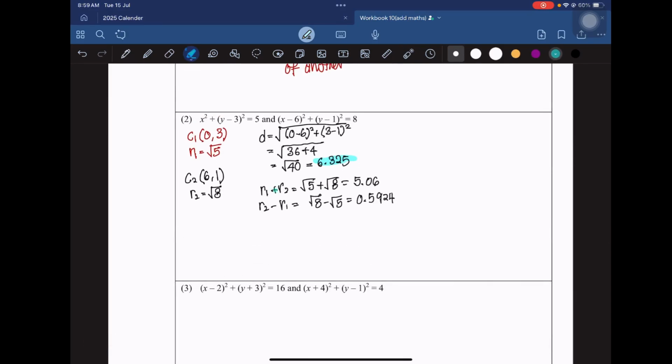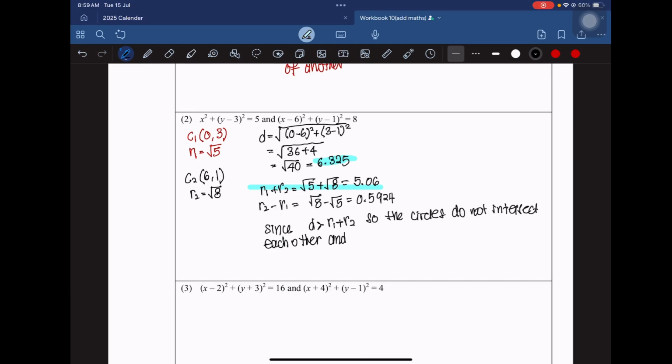Correct? So because D is more than R1 plus R2, the circles do not intersect each other. And because it's plus, it's outside. The circles are outside of one another.